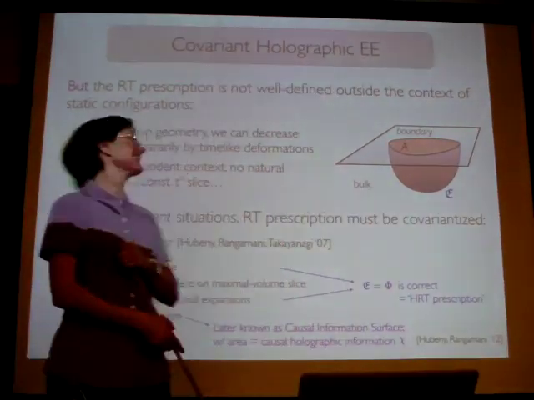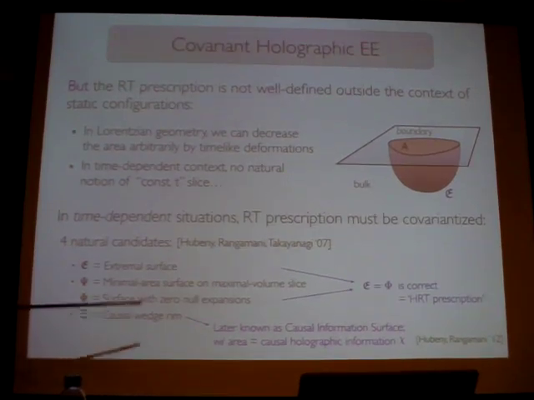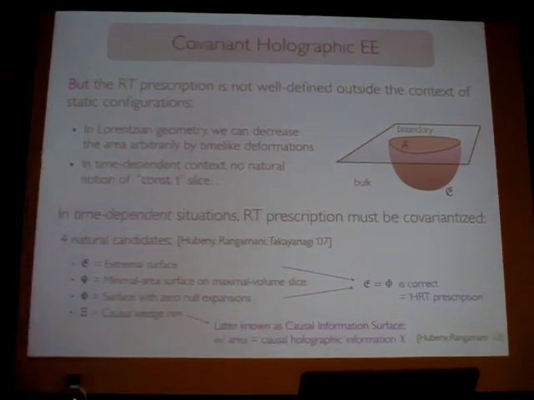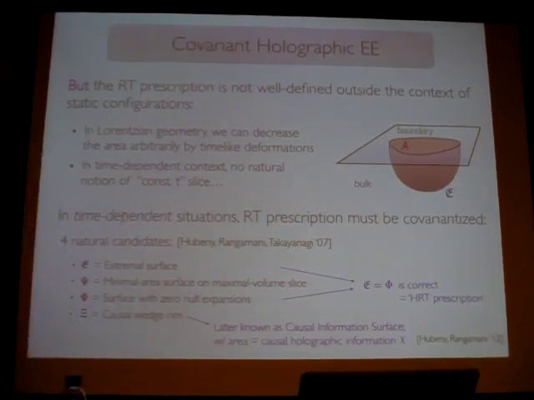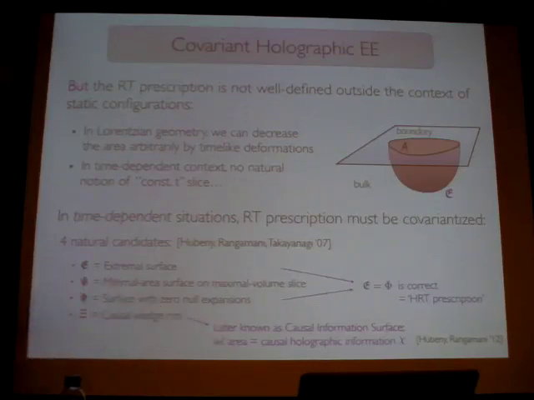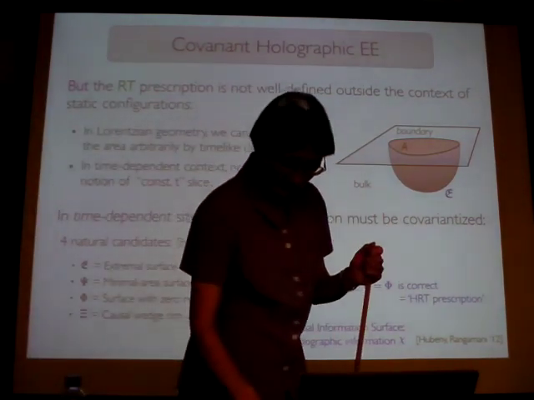And curiously enough, this causal wedge rim lay dormant for about 5 years until we took it up again, and we formulated a quantity which we call the causal holographic information as its area, which is a very nice natural construct in the bulk. We don't know what it is from first principles in the field theory, but it's probably quite important there as well.